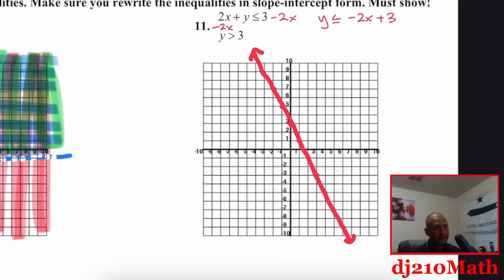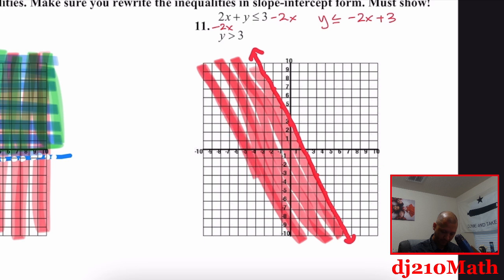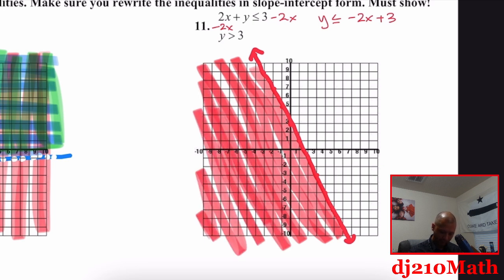Okay. Blue line. And we shade, which direction do we shade? We shade below. So below the line. All right. There it is. Now for the other one, the blue line. y greater than 3.